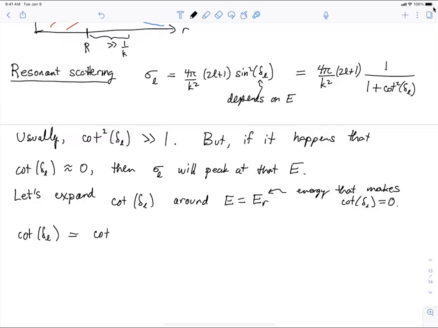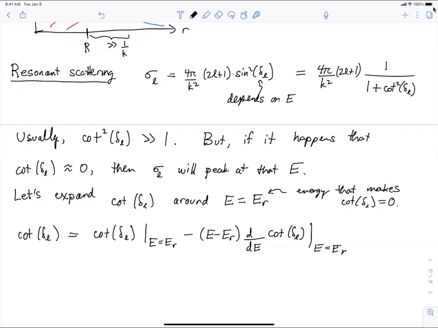I'm doing a Taylor series expansion. There's this term, and then there's the next term, which I'm going to put a minus sign in front of, just because it's a convention. And we're going to take a derivative of cotangent delta L and evaluate that at E equals E sub R. Actually, I don't think I want the minus sign here.